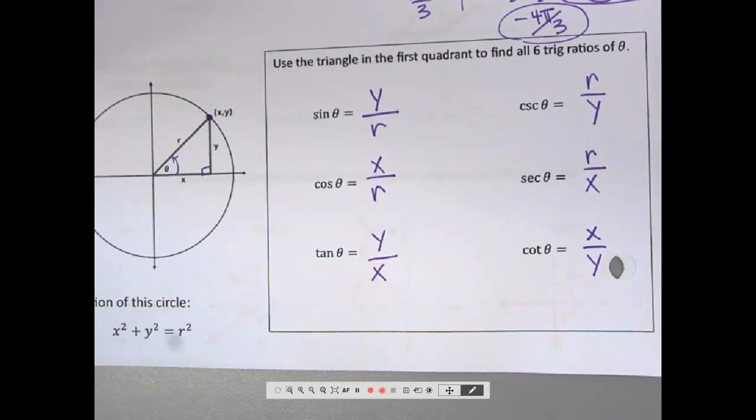Sine is y over r, cosecant r over y, cosine x over r, secant r over x, tangent y over x, and cotangent x over y.